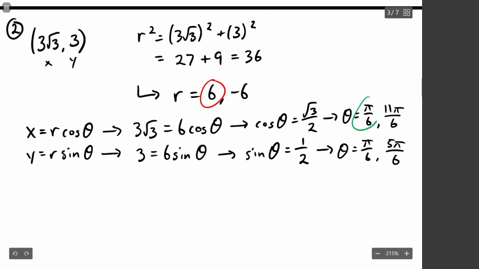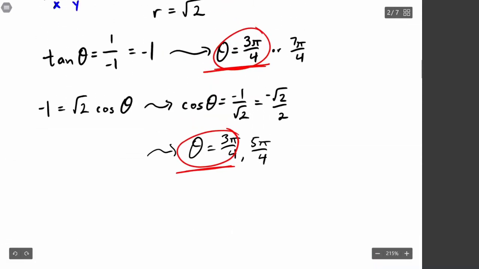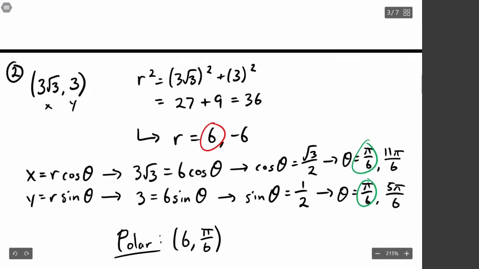And again, we just take the one that they have in common. So the polar value is 6 comma pi over 6. I actually think I forgot in this last example, the polar was root 2 comma 3 pi over 4. And there we go.